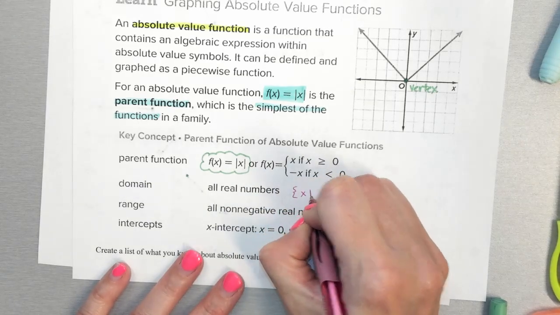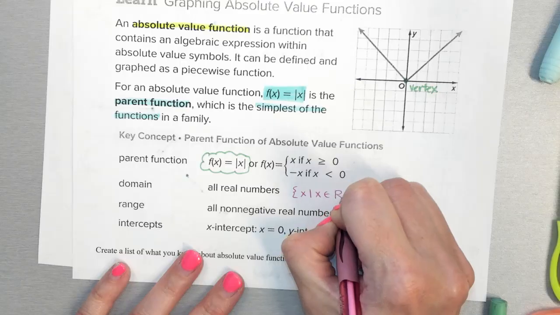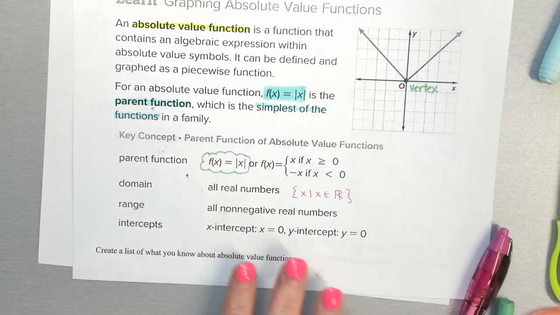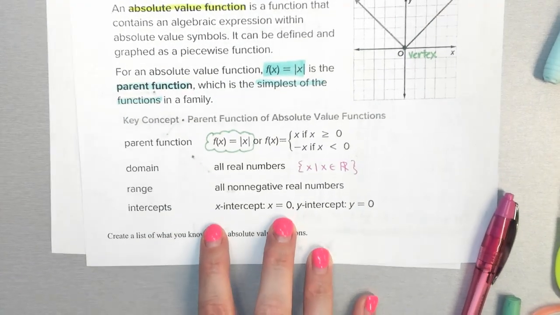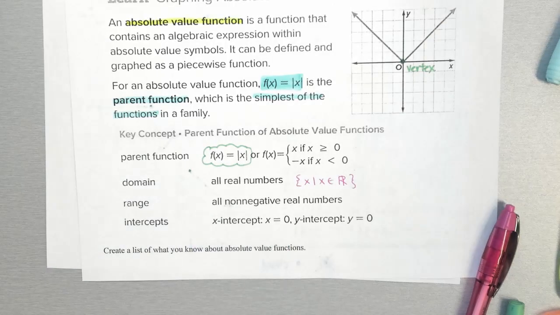So we're going to continue to write that in set builder notation. So it's x such that x is an element in the real number set. And then your range is going to change based on your function. Okay, so your range says all non-negative numbers. So non-negative numbers are what type of numbers?